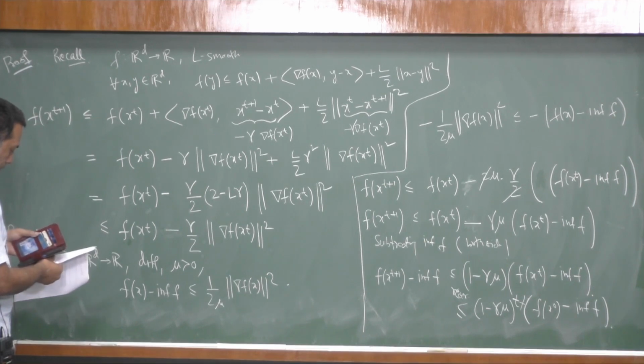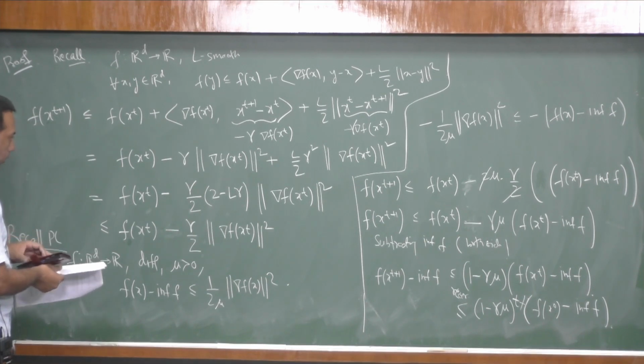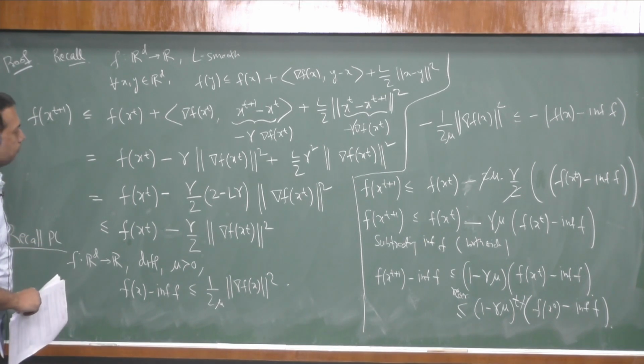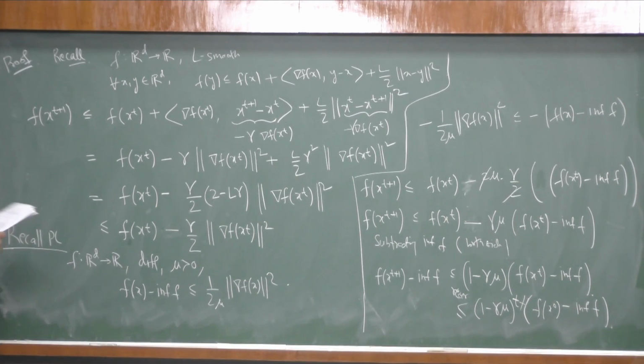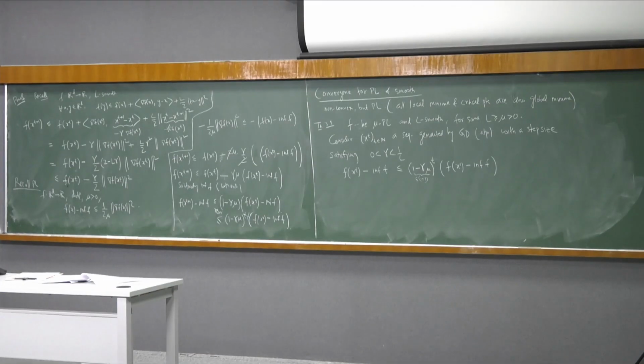So I want to go to the stochastic regime also. You see, we have not done any stochasticity here. In practice in machine learning, we use stochastic gradients, right? We have done one proof, which was a tricky one. I told you that I will tell you another proof. So my goal is to show that proof.